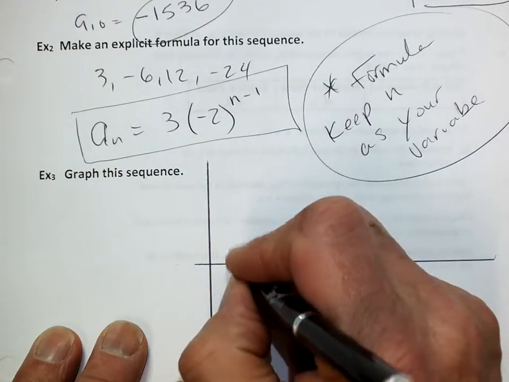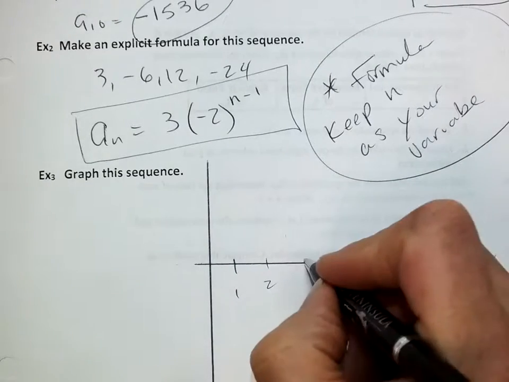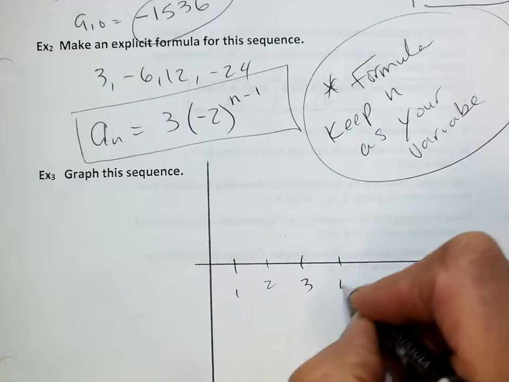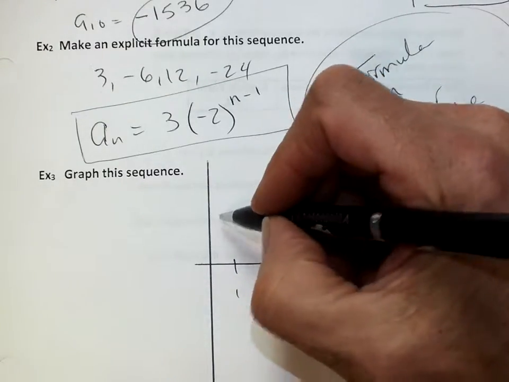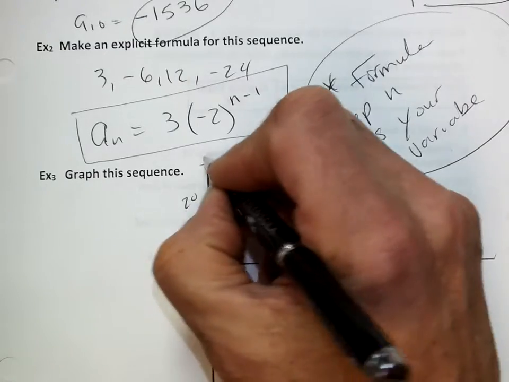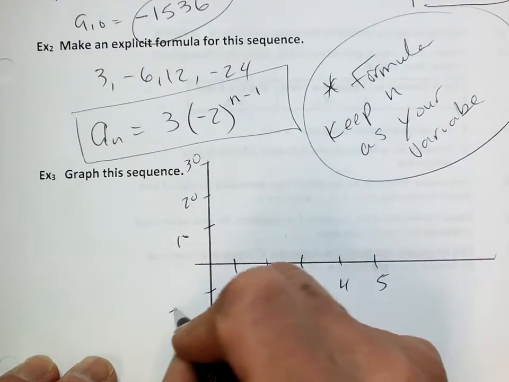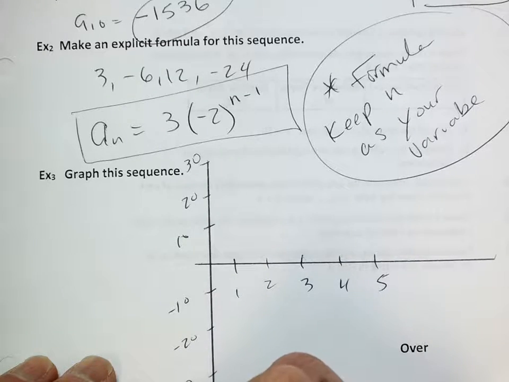So I'm going to have my first term, second, my third term, fourth, fifth, okay? It's going to go, let's see, let's do a 10, a 20, a 30. I'll do a negative 10, negative 20, negative 30, okay?